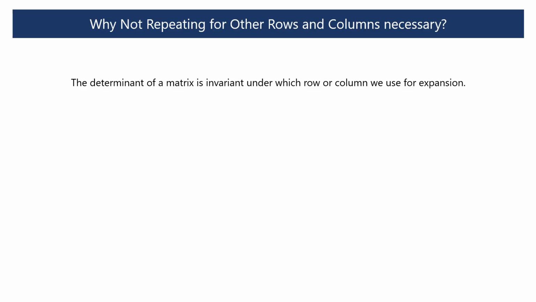So, why is it unnecessary to repeat for other rows or columns? The determinant of a matrix is invariant under which row or column we use for expansion. In other words, regardless of the row or column chosen, the calculated determinant will always be the same.